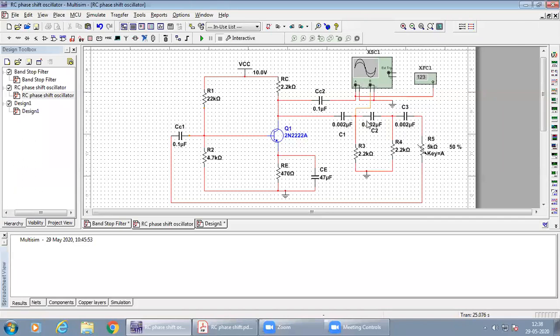C1, R3, C2, R4, C3, R5 form the feedback network. In order to measure the phase shift, the other channel is connected to channel B of the oscilloscope. Also, to find out the frequency directly, I've connected a frequency counter. Now let's run this and see.